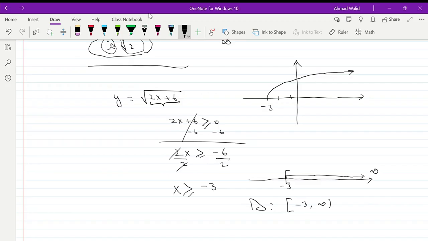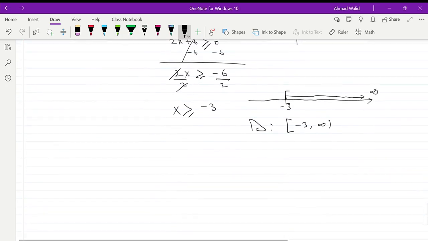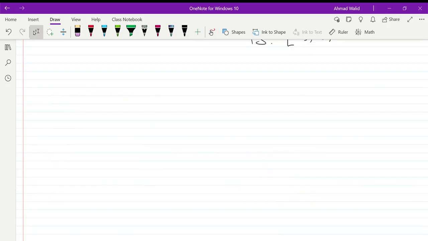Then remember, if I give you a square root function and I ask you to find the domain, always set the radicand, or in simple language, whatever the expression is under the square root sign, set it greater equal to 0, solve it, and easily you can find the domain. I will do one more example of these for you.